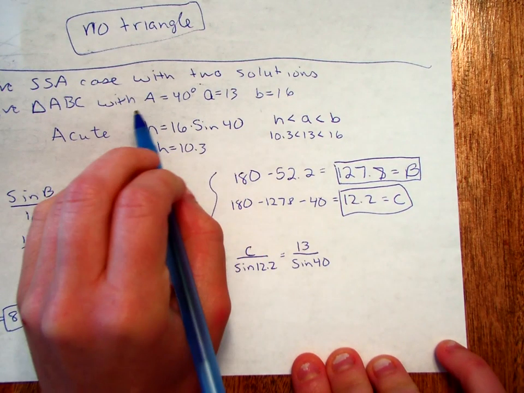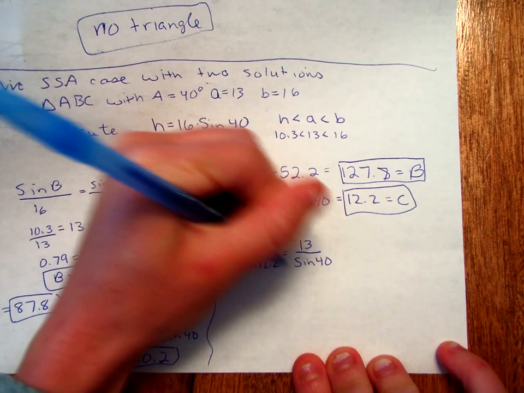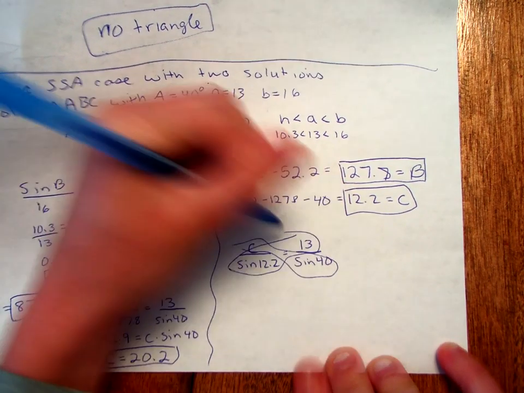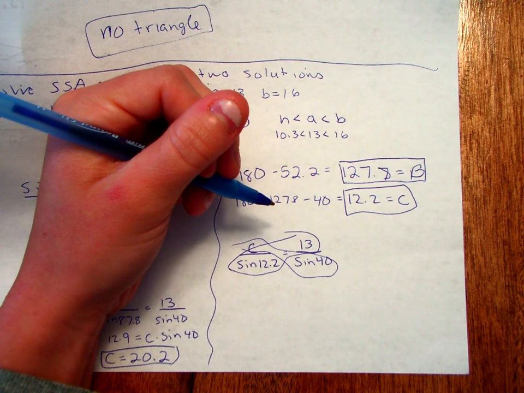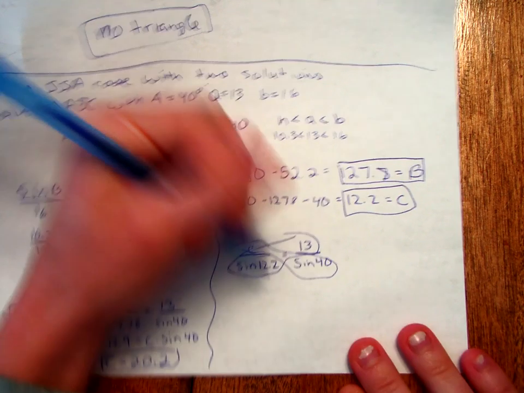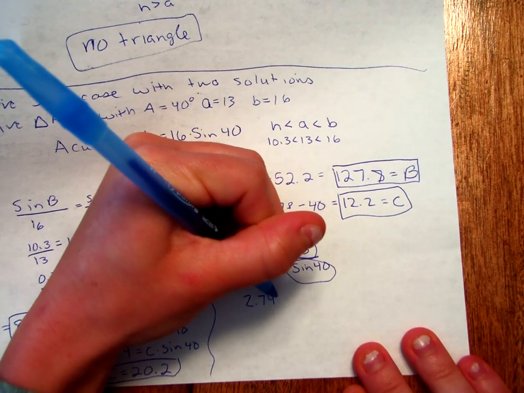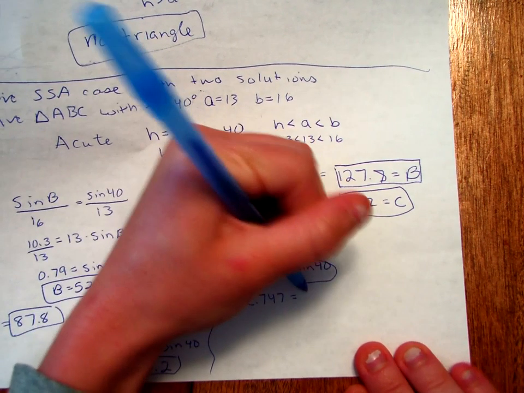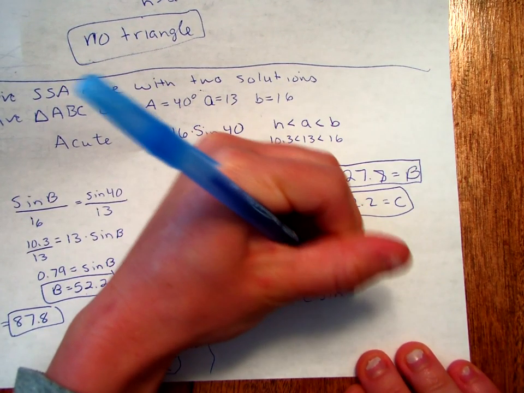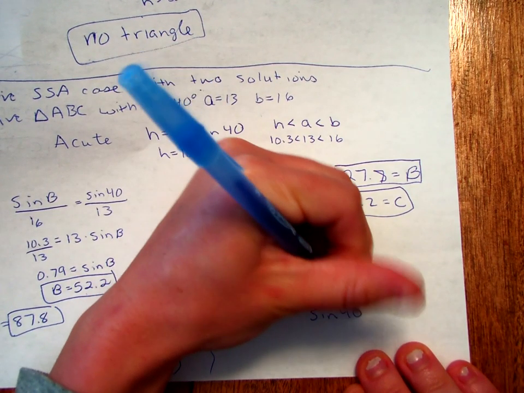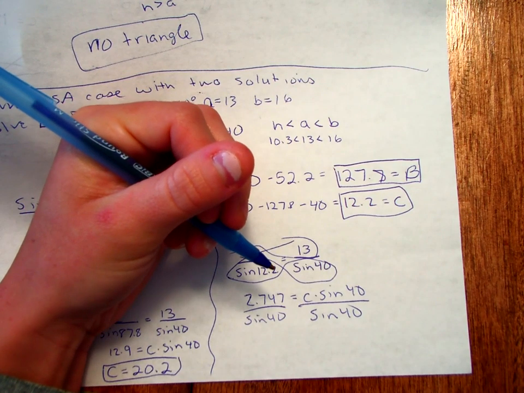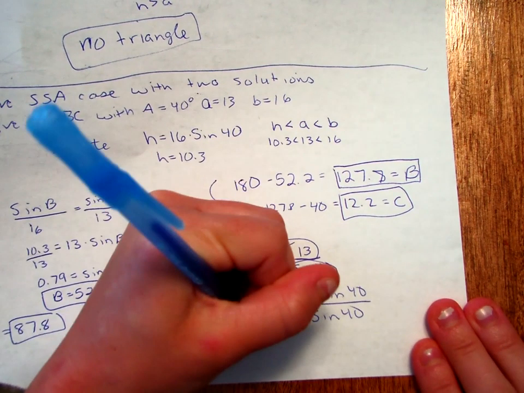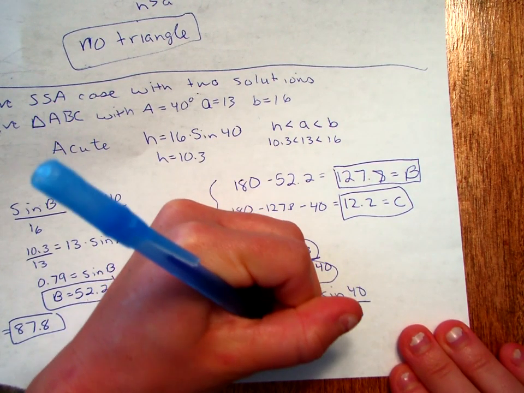Again, none of this information changed. 13 times sine of 12.2 is 2.747. c times sine of 40, divide by sine of 40, and c equals 4.3.